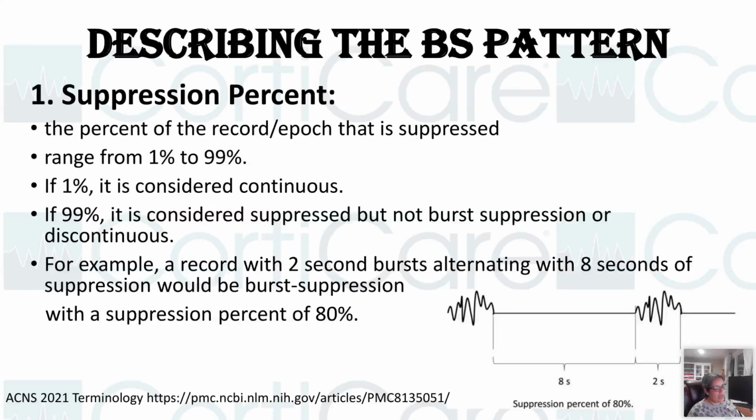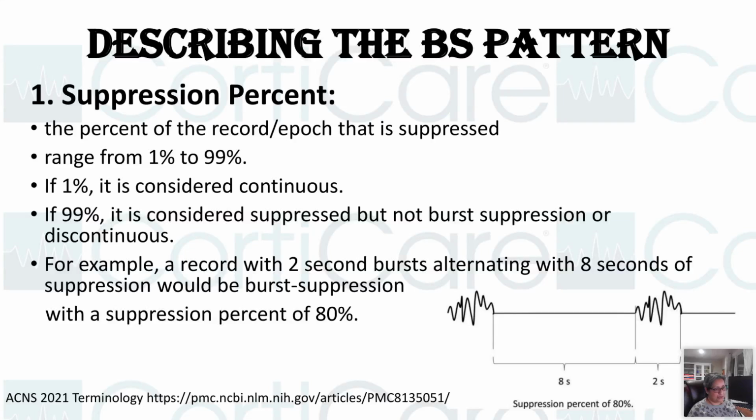All right, let's say we have a patient with burst suppression. What are the terms we use to describe the burst suppression? The first thing you would do is report the percentage of suppression. Some people describe percentage of burst, percentage of suppression, but the ACNS guidelines tell us to report the percentage of suppression.